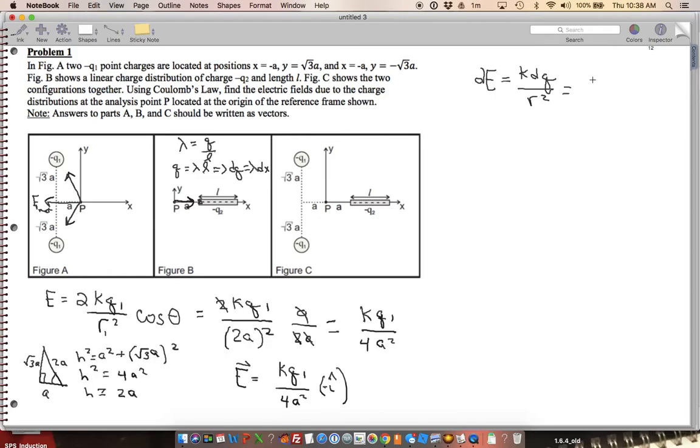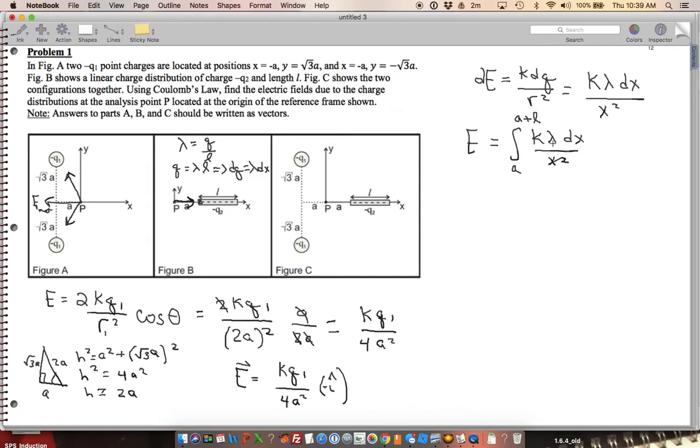That means E is going to equal the integral of k lambda dx over x squared. And I'm going from A, the distance away from P, to A plus L. So those are going to be my limits. I'm integrating from A to A plus L.